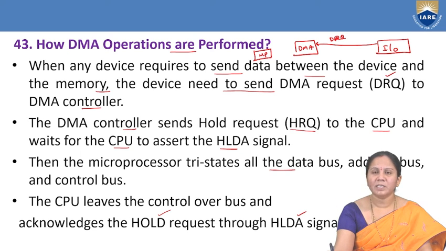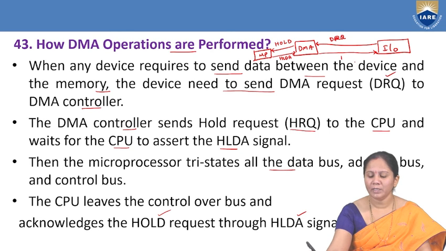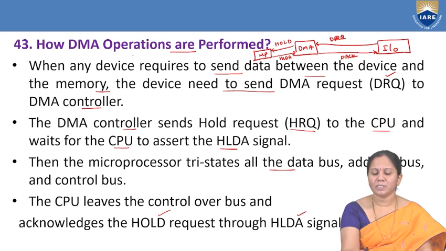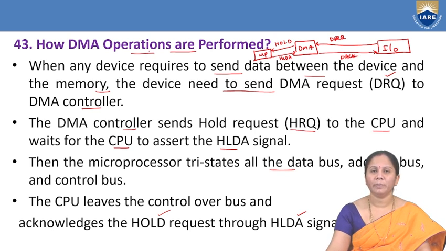After DRQ, the DMA controller sends the hold signal. After receiving the hold signal, the microprocessor sends the hold acknowledgement signal. Then the DMA controller sends the DMA acknowledgement signal, DACK. So this is how the DMA operates.